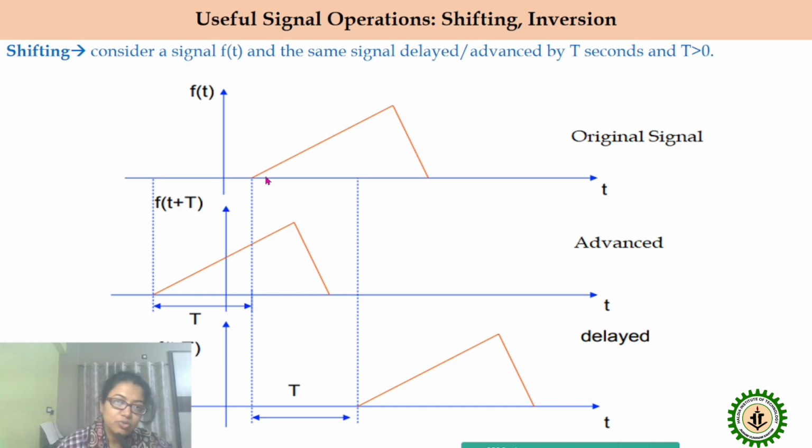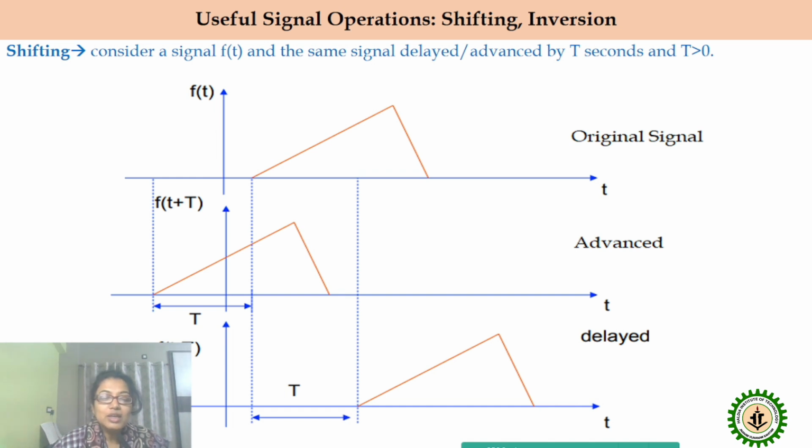In the same way, if students come to the class at say 9:30 or 9:45, that means the student is advanced. The student reached the class before time. Compared to the original signal, this is the advancing position.